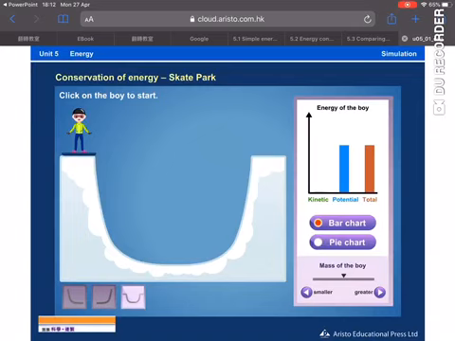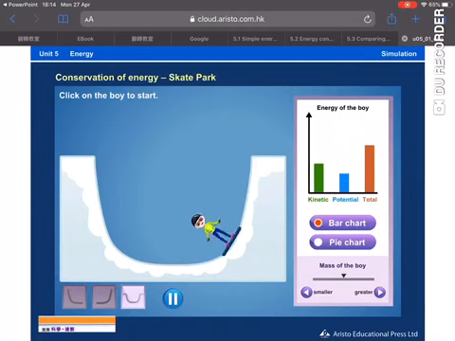So in here, if we switch it to a U shape, let's see what will happen. You see that it starts from full potential energy, converts into full kinetic energy, back to potential energy again. So this person will keep on sliding back and forth, but eventually he will stop because of friction.